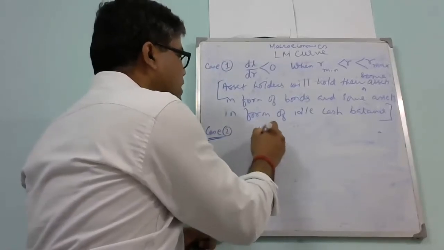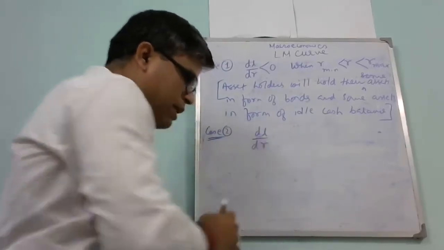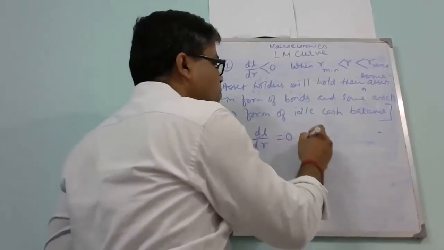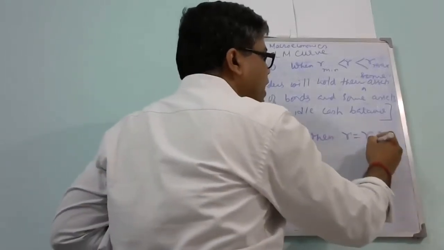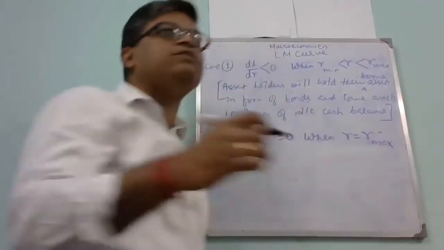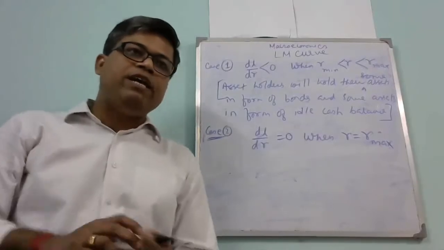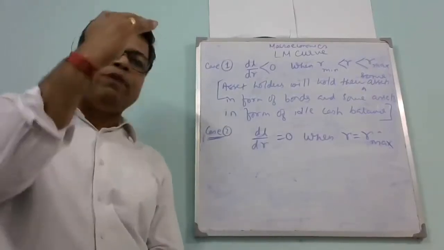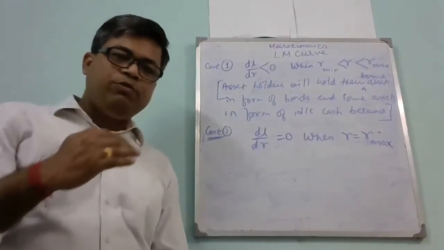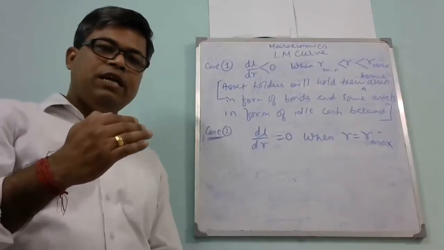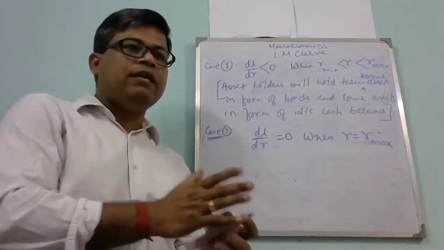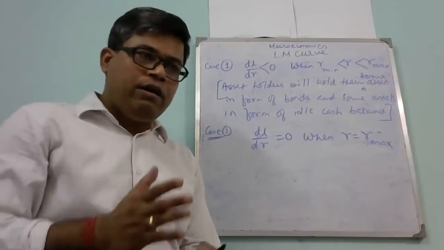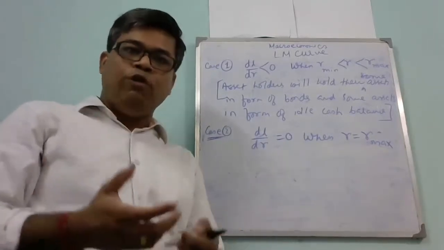In this situation, dL/dr becomes 0 when r is equal to r max. That means if the rate of interest increases, then the price of bond decreases. If the price of bond decreases, demand for bond increases, and people hold their assets in the form of bonds.